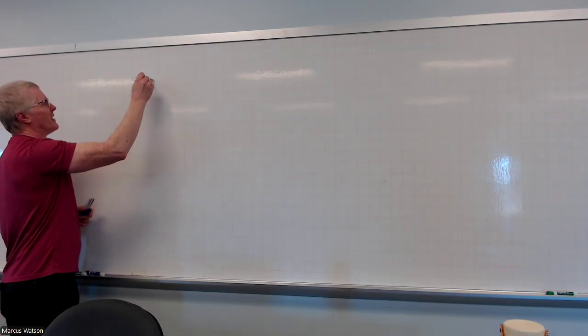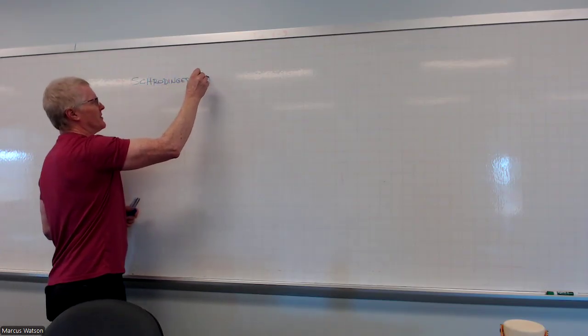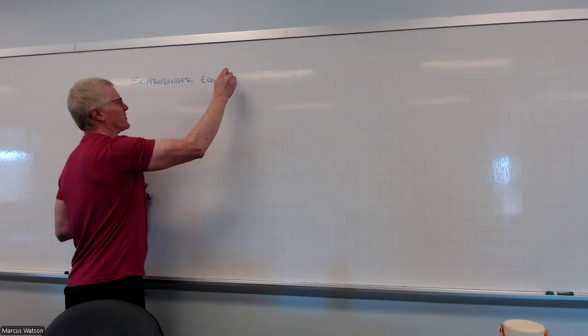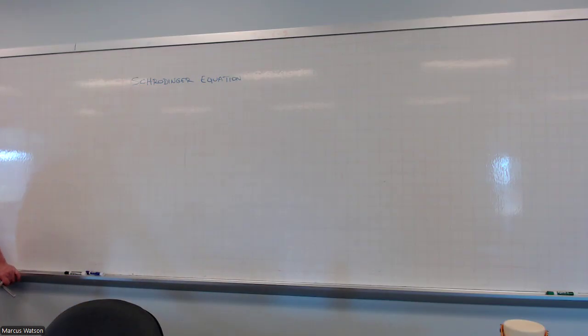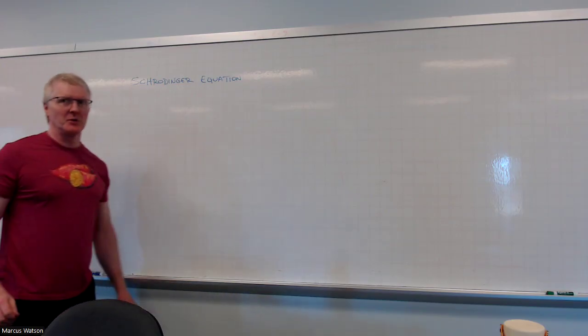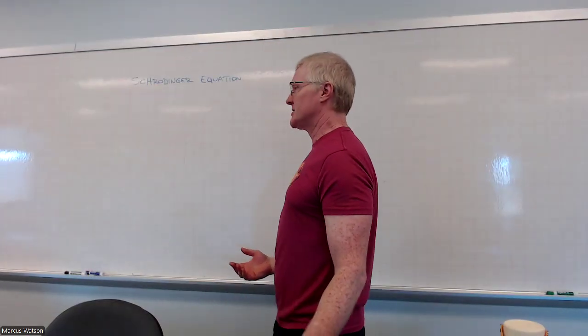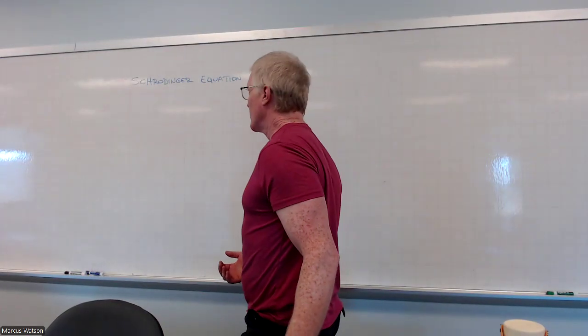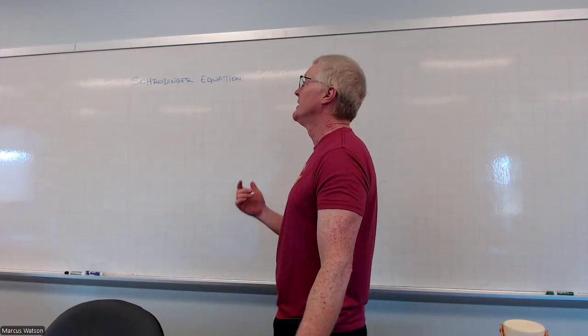Since I've been talking about the more modern formulation, that is the Schrodinger equation. So let's talk about the Schrodinger equation. Now, this is a pretty nifty formulation, but it's not the only one. It's just the one that's gained the most traction because it's useful for calculating. The calculations are pretty straightforward.